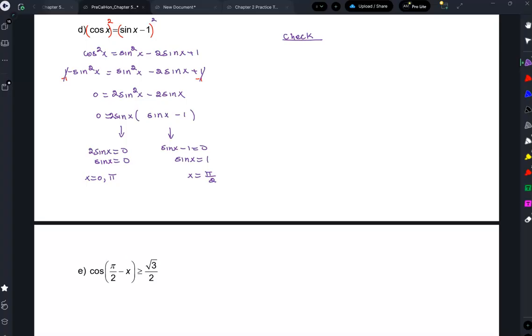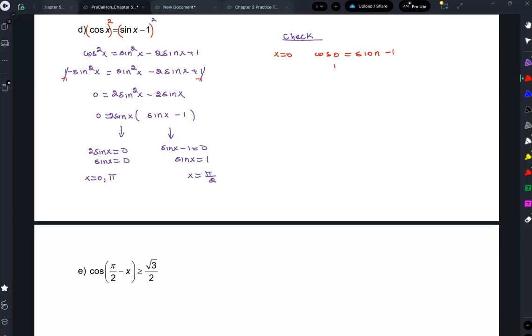Okay, because I'm checking why? Because you squared both sides. So x equals 0, and I'm going to plug it into the step before I squared. So cosine of 0 equals sine of 0 minus 1.